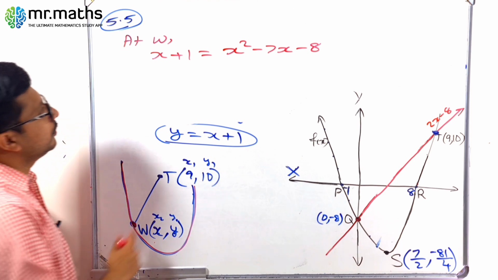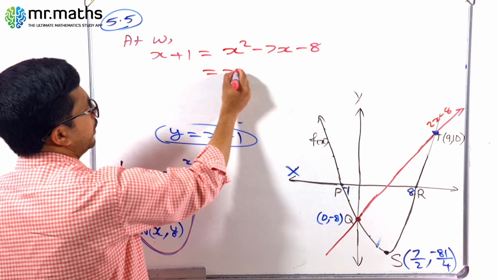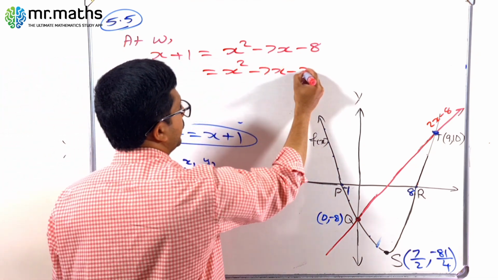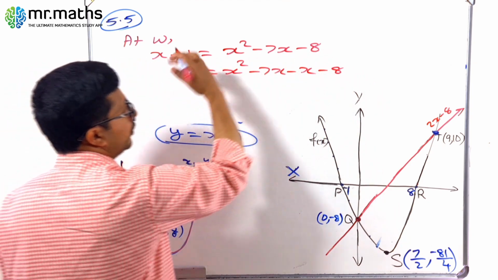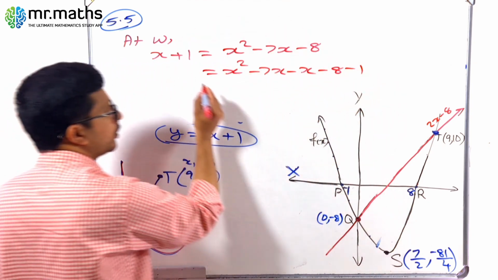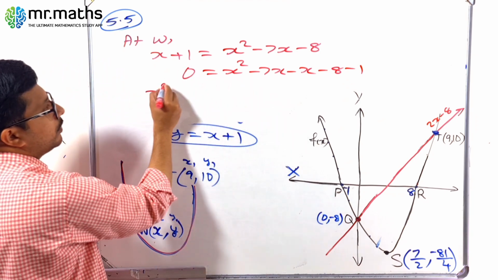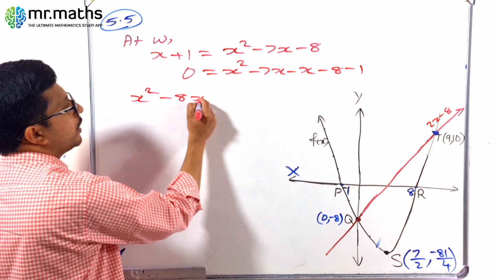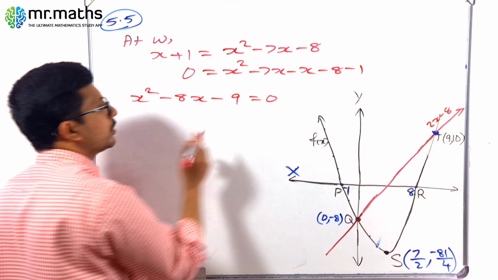Okay, so now we have to simplify this one, take everything to the left side. So it is x square minus 7x, take this x to this side, so it is minus x. Already there is a minus 8, take this one to the other side, so it is minus 1, so it is 0 here. So x square minus 7x minus x is minus 8x, minus 8 minus 1 is minus 9, is equal to 0.